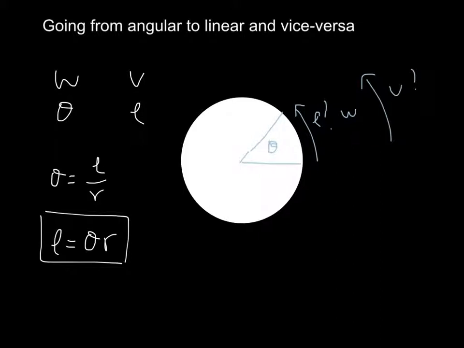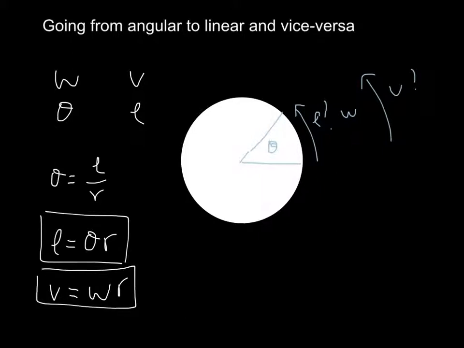Now let's think about, what about the angular velocity? Well, the angular velocity basically tells me how much angle per second, right? So again, if I want to get the actual velocity, I get how much angle per second, and remember that the angle is the length over the radius, so I just multiply by the radius and I get the length per second. So v equals omega R, well, it's not really a w, it's an omega.